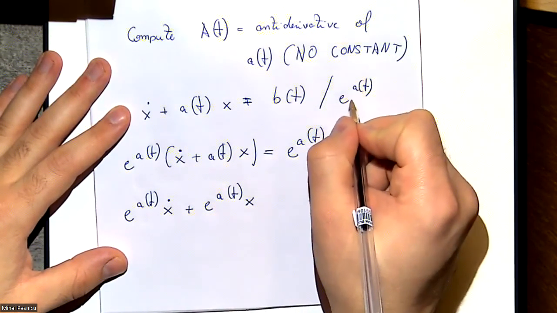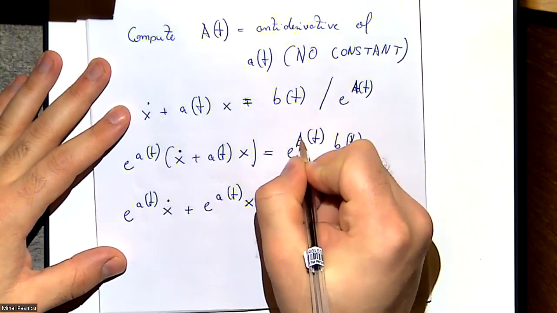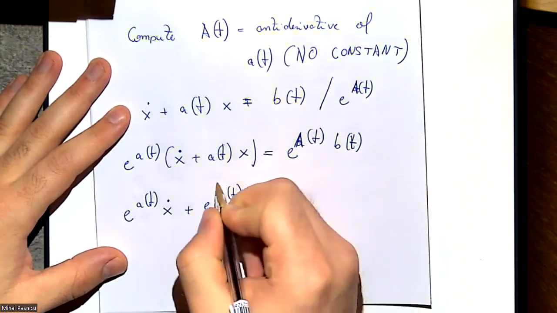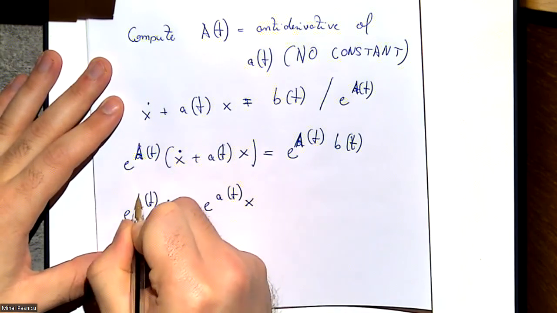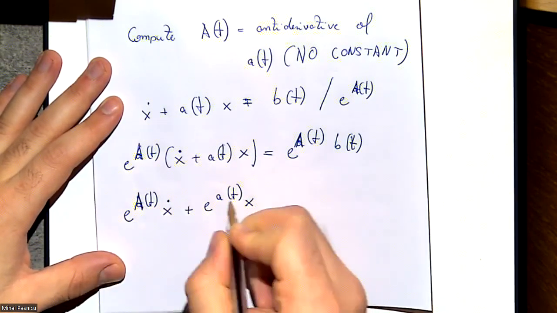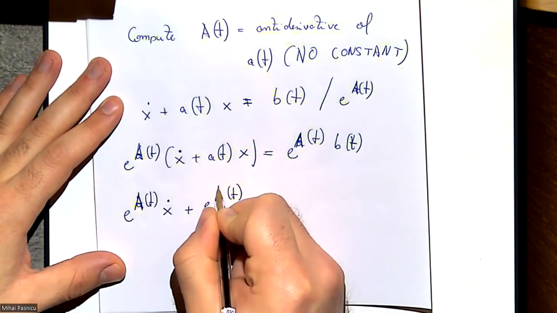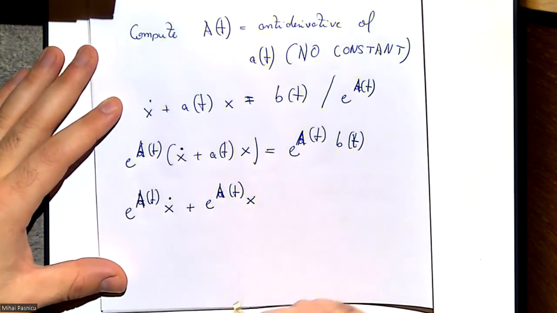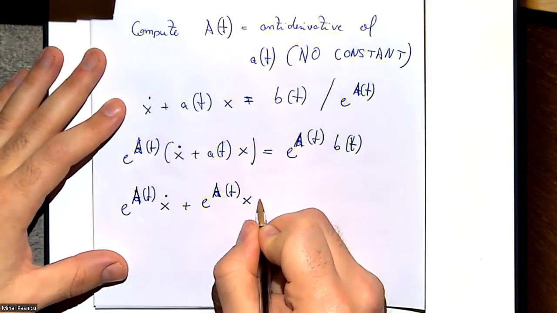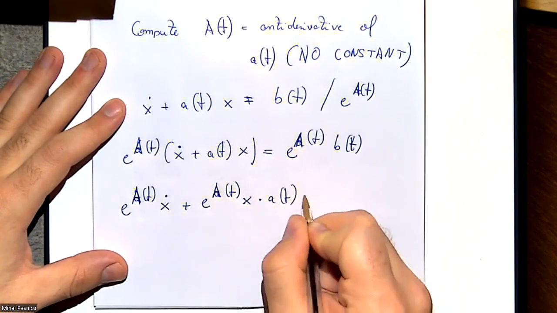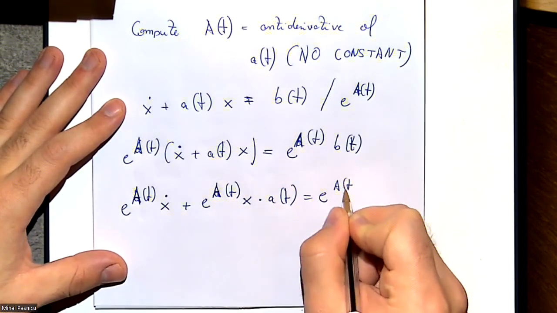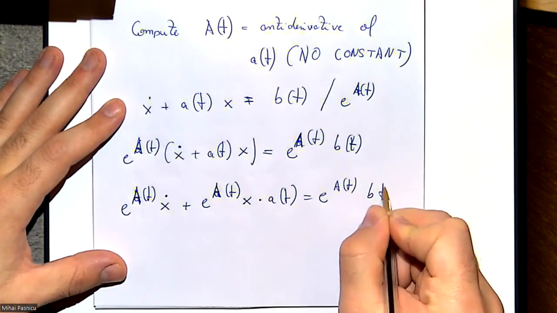So I said e to the A of t, sorry, big A of t, the antiderivative. Sorry about that. Big A of t again: e to the A(t) times x dot plus a(t) x is equal to e to the A(t) b(t).